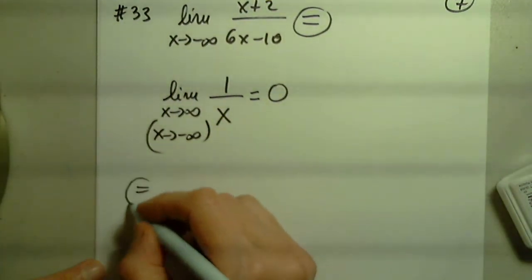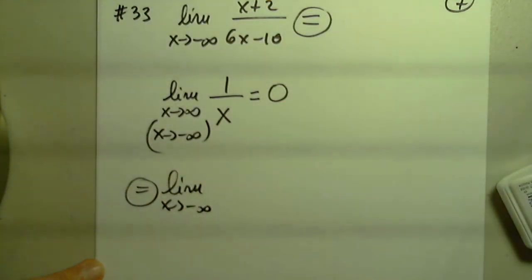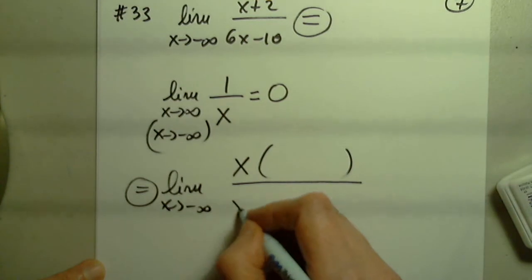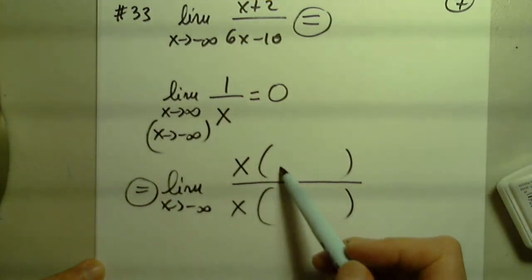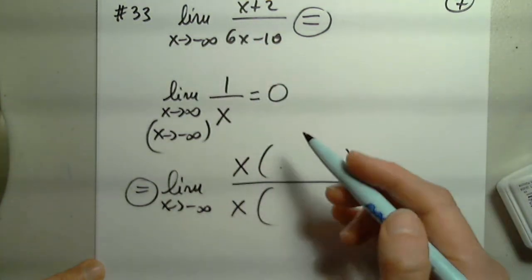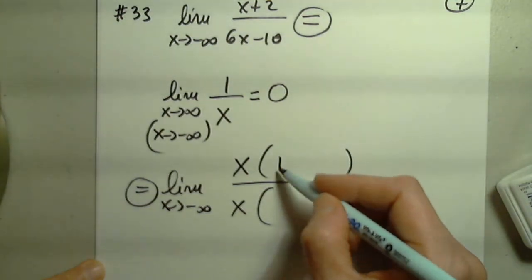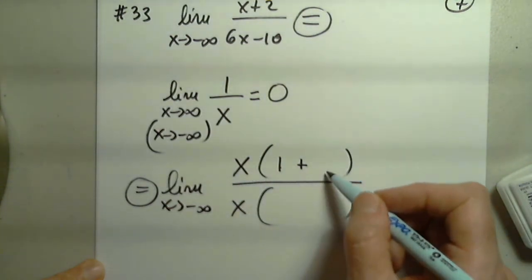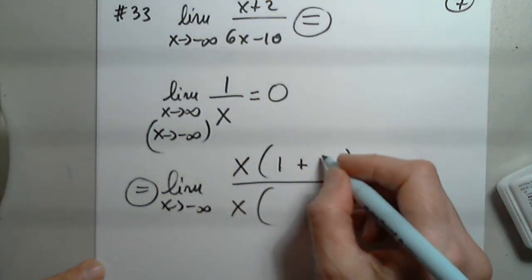We are going to factor out the degree. You can say, but that's not factorable. I know. We'll do it by force. So x times what is x? One. Plus. X times what is 2? Well, it has to be 2 over x.